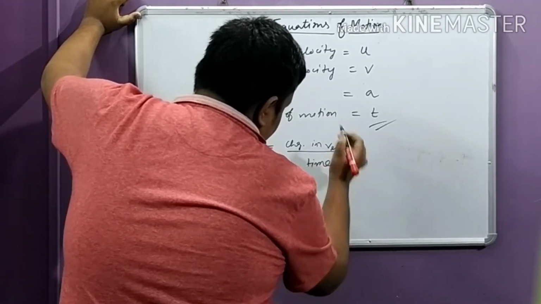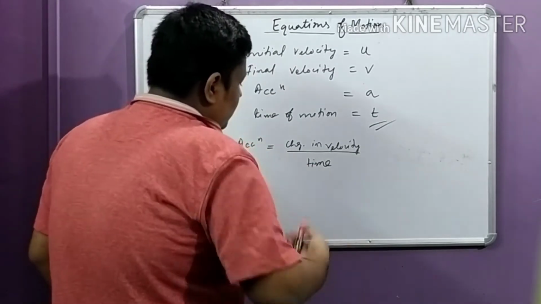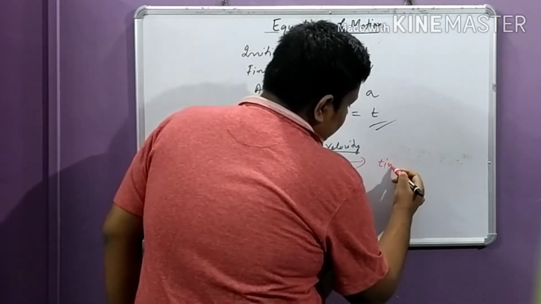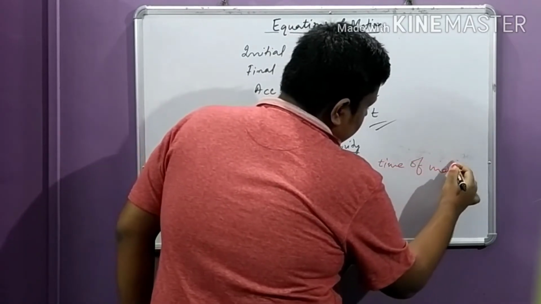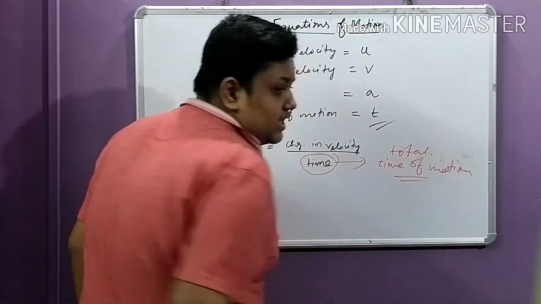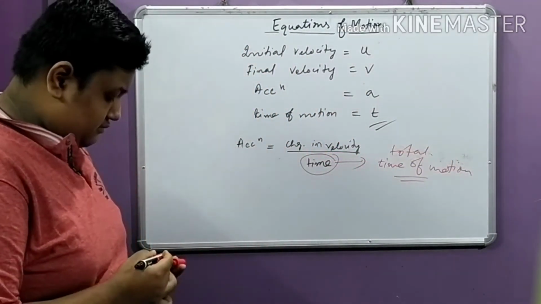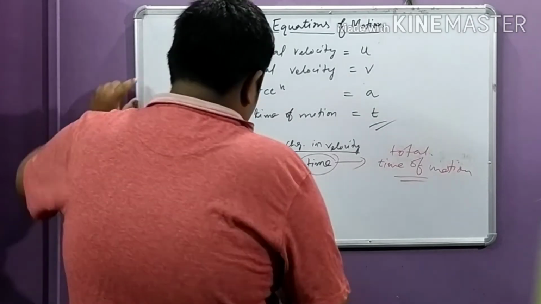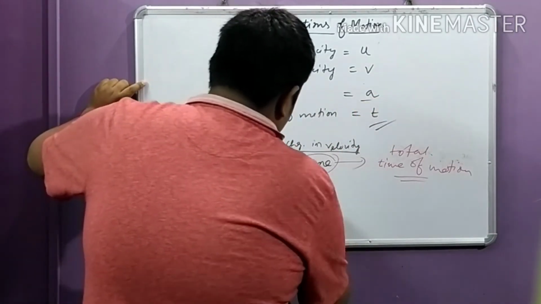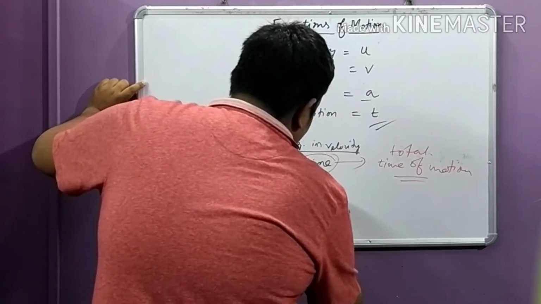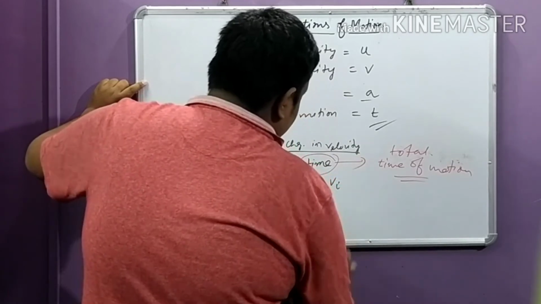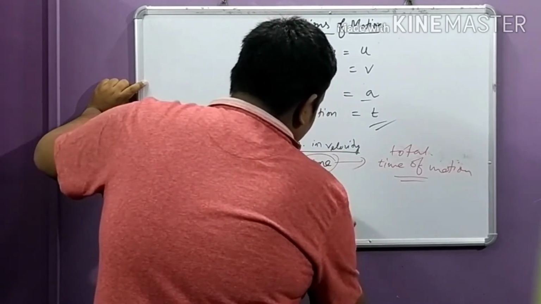Time means here the time of motion. In fact, the total time of motion, if you say more precisely. So acceleration we know is a. Change in velocity means final velocity minus initial velocity. This is the change in velocity and time is t.